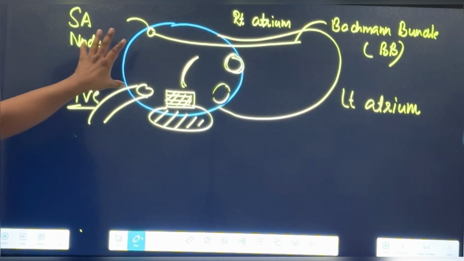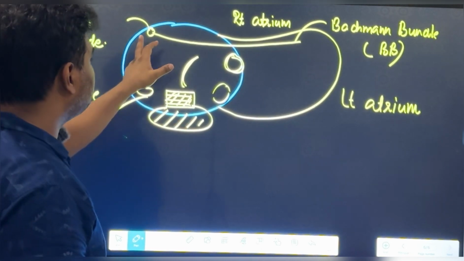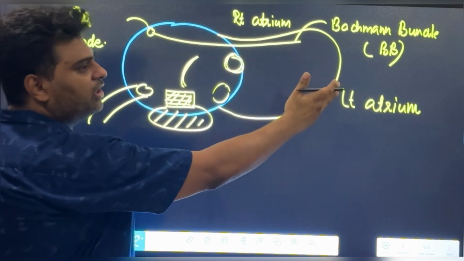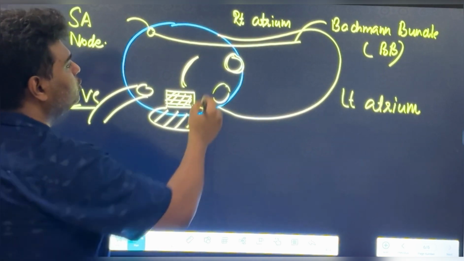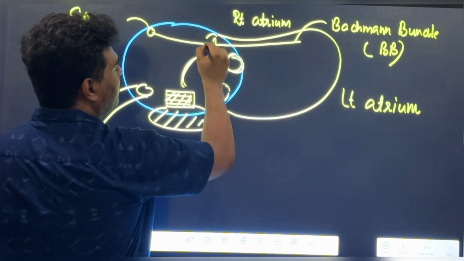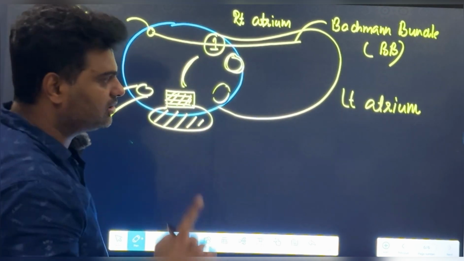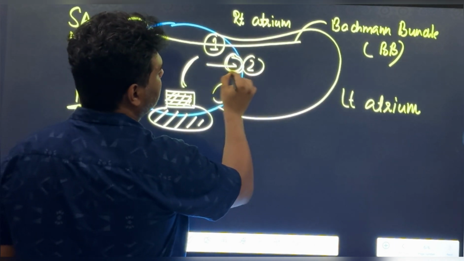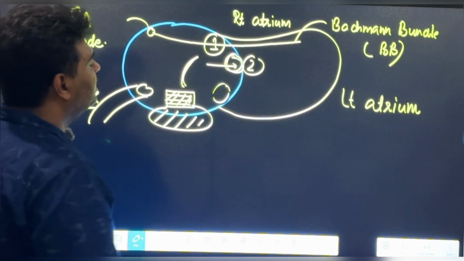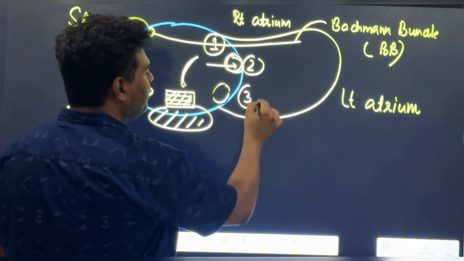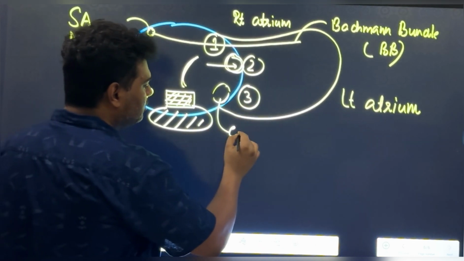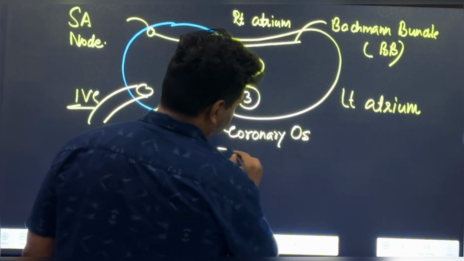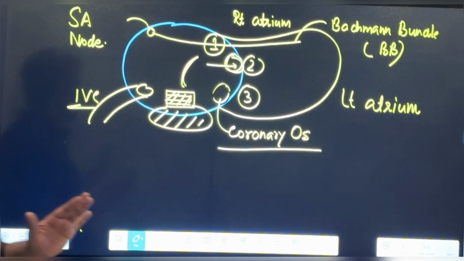Now, whenever the impulse is generated in the SA node of the right atrium, from right atrium to the left atrium, the impulses go first, the majority, through the Bachmann bundle. Second, some impulse also goes through the fossa ovalis. And third, some depolarization waves also go through the coronary os. This is the concept that you have to understand.